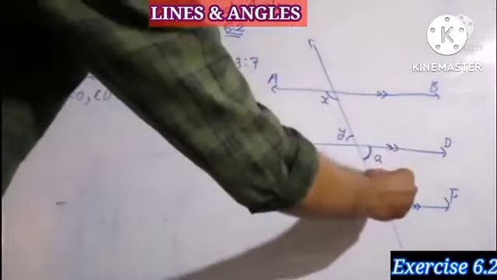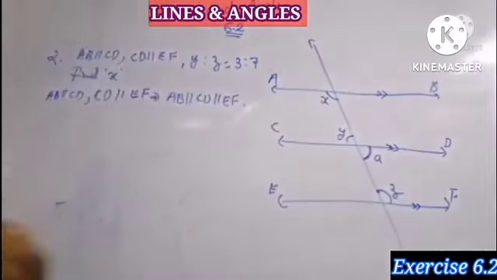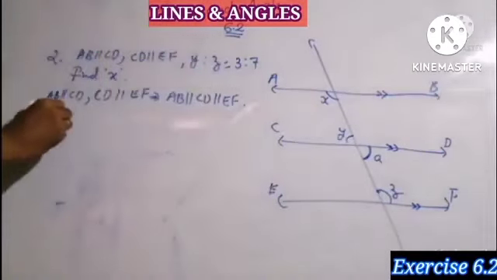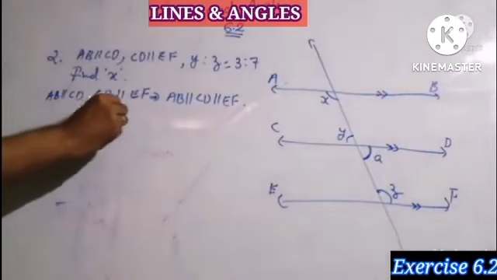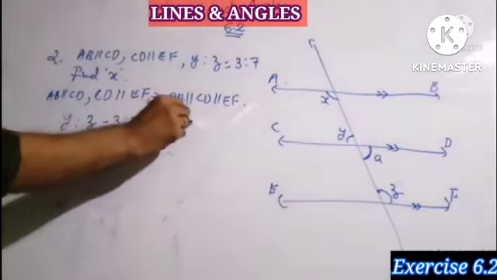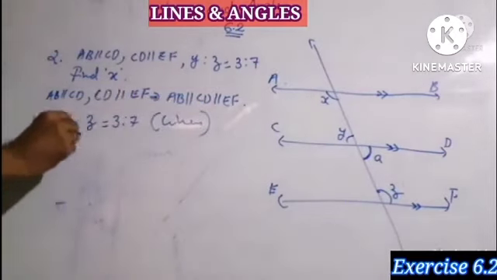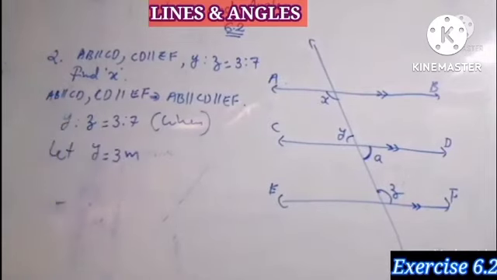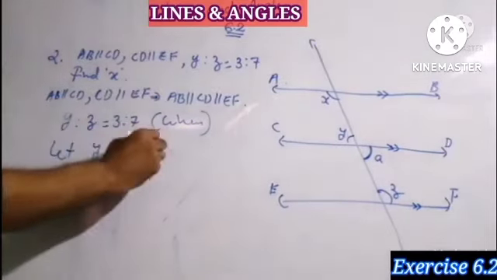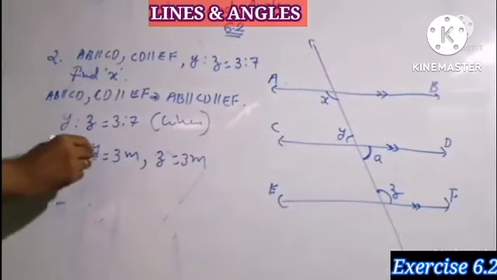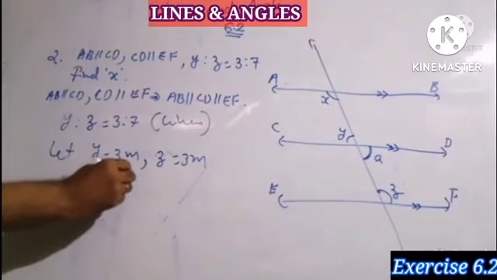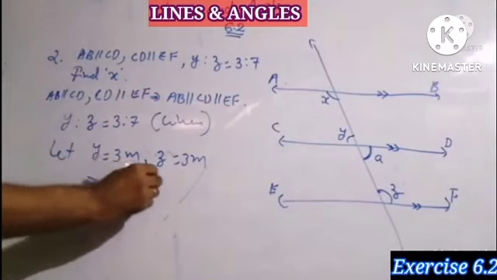Then how are a plus z related? a and z are co-interior. Then a plus z equals 180 degrees. It is given that y is to z equals 3 is to 7. When a ratio is given, let us consider y equal to 3m. Which implies a equals y equals 3m.